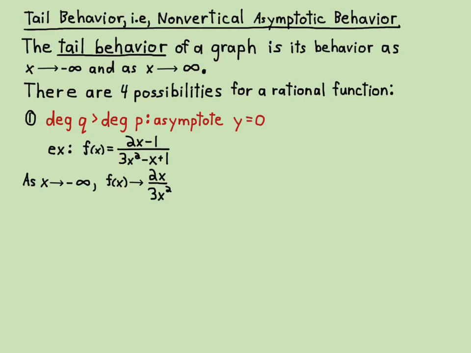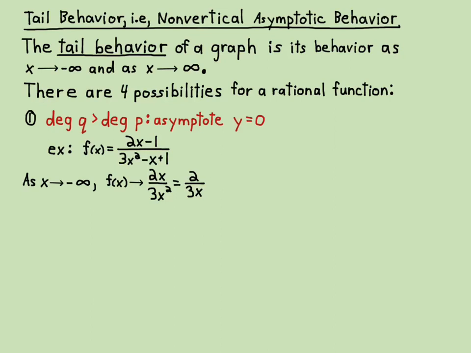Okay, so I say here, as x goes to negative infinity, f of x goes to 2x over 3x squared. And that, of course, reduces to 2 over 3x. And then hopefully you can imagine, as the magnitude of x becomes large, say negative 1 million, that would be like 2 over negative 3 million. Hopefully that's very, very close to 0.